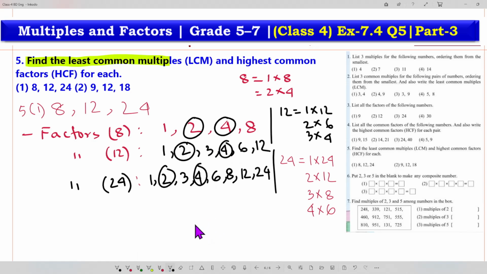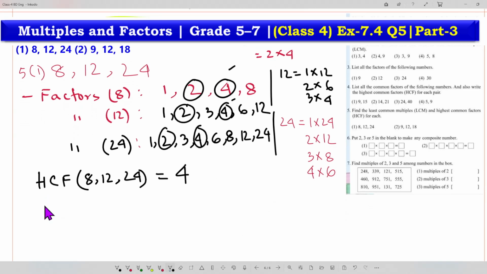Here the common things are 2 and 4, right? So which one is the highest? HCF of 8, 12, and 24 equals to what? The highest is 4. This is the highest common factor.